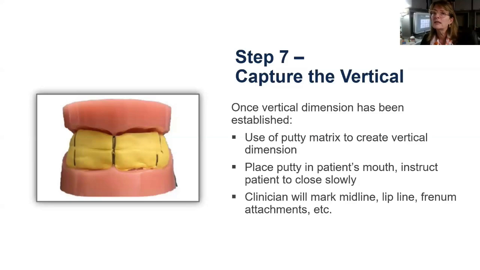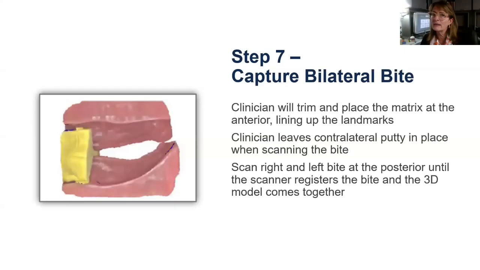You can see that marked, to mark the lip line, as well as the frenum attachment. That's important for the bite registration. When you are acquiring the data, you're going to take a bilateral bite registration, so you need to cut away some of that mush bite after you take it. You can see the cut mark here.